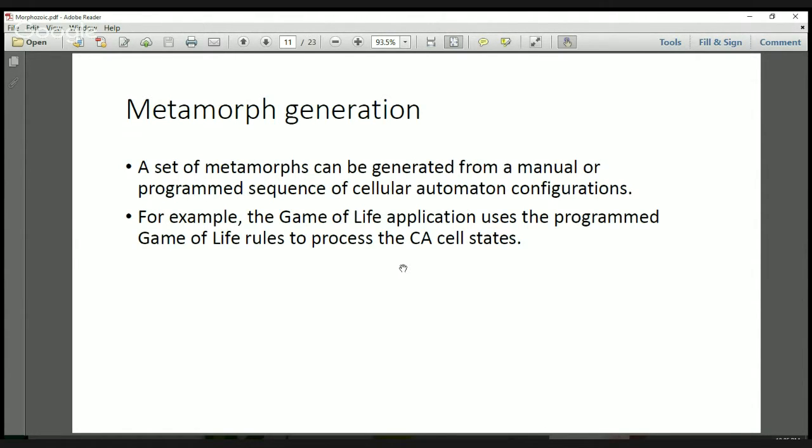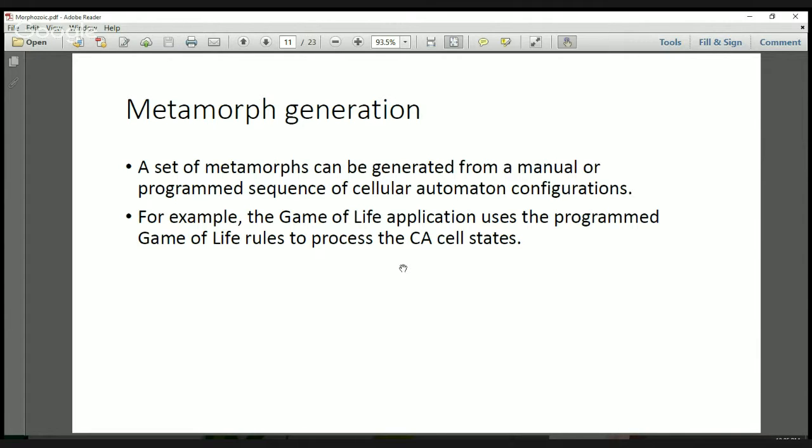For some of the applications, we hand-coded them. The gastrulation one was a hand-coded morphogenesis, and when it ran, we built up a set of metamorphs that represent that. There are other ways too. For example, we'll see the game of life.